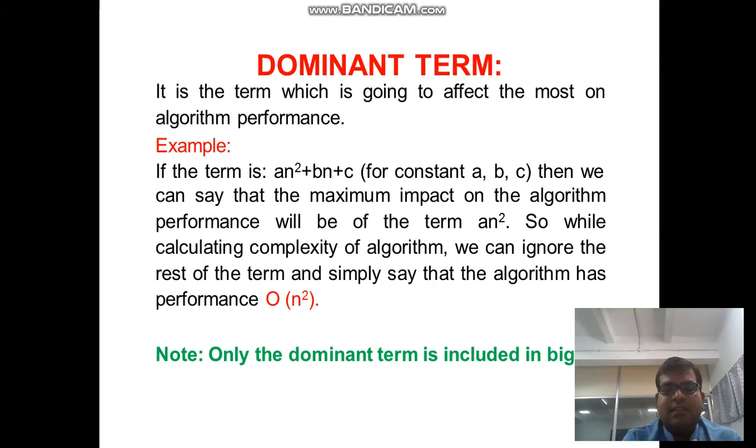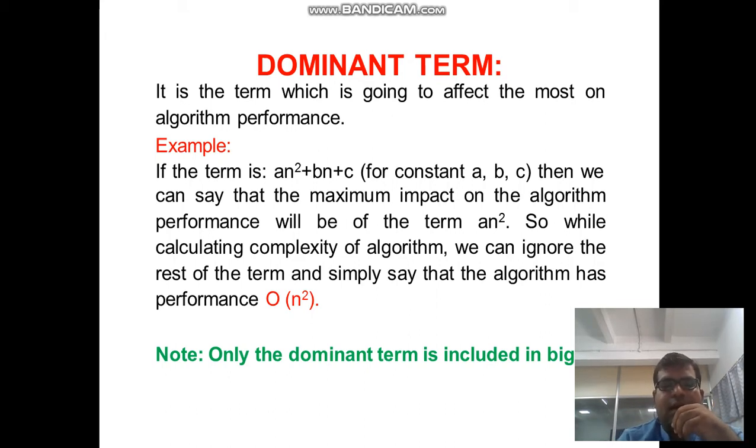Then how do we calculate the efficiency of an algorithm? For calculating the efficiency of an algorithm, we will use the big O notation. In the big O notation, one factor is the dominant term. Dominant term means the highest term. So whatever program you write, the line that requires more time to execute is the dominant term.